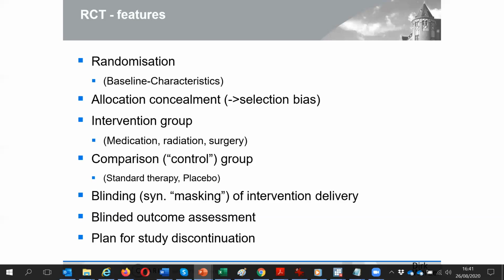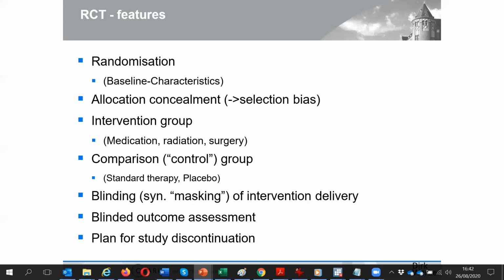Because most randomized control trials have what we call a data monitoring and safety board, and they do interim analyses, analyzing data on a regular basis to assess efficacy and to assess if there are side effects. If the data monitoring safety board notices any issues, then they can discontinue. Remember, discontinuation can be either positive or negative.